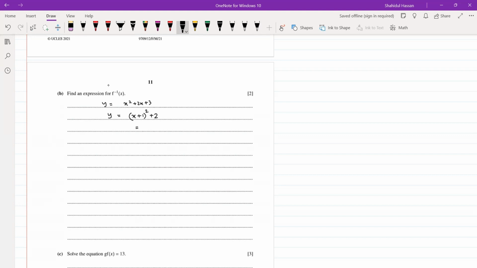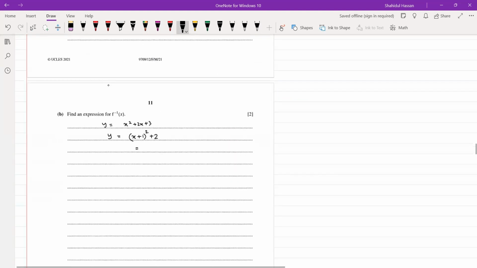So from the first line to the second line, we use the solution of part A to go from x square plus 2x plus 3 to x plus 1 whole square plus 2. If I make x the subject here, the square is taken to the other side, square root, minus, we have an x here. So x equals square root of y minus 2 minus 1.